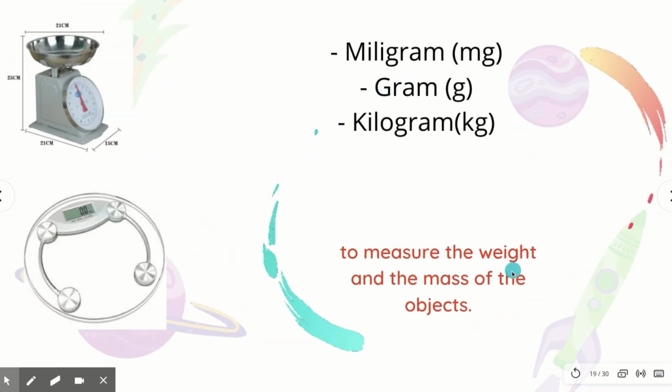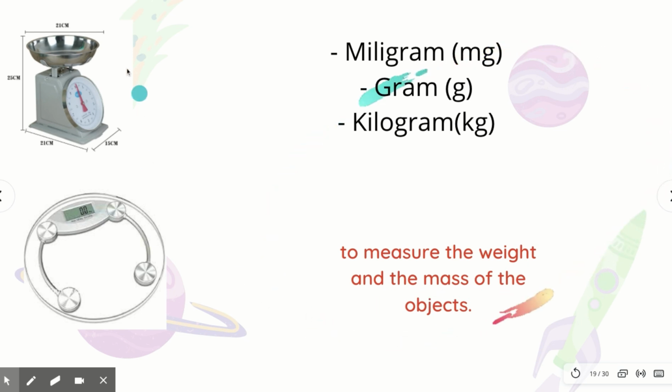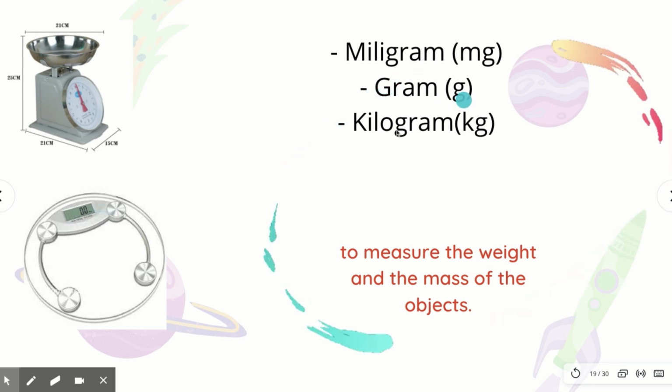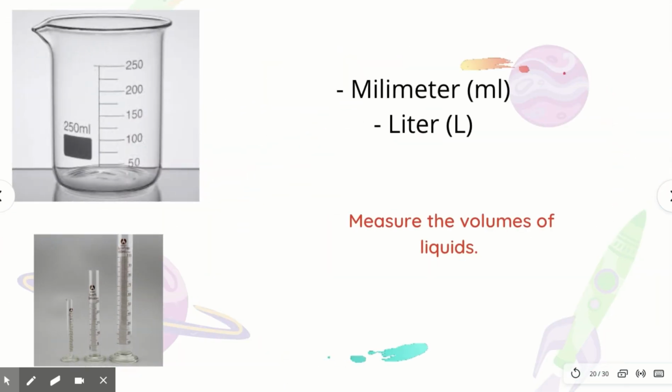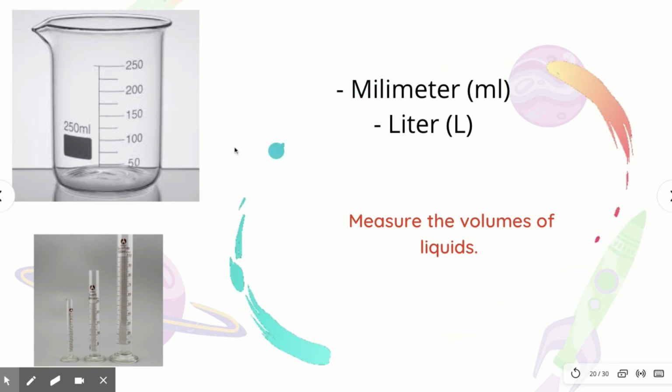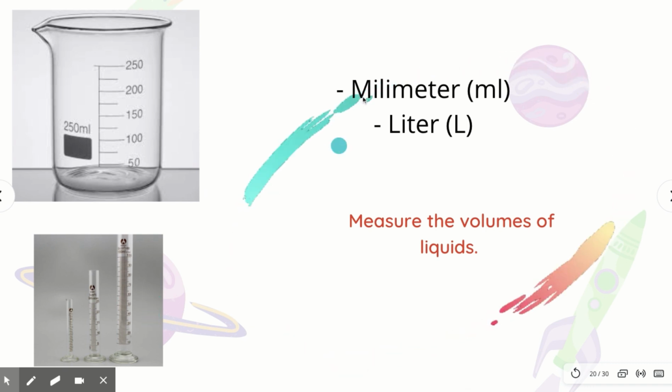To measure the mass of objects, we use milligram, mg, gram, g, and kilogram, kg. To measure the volumes of liquid, for example with the beaker or the cylinder, we use milliliter, ml, or liter, L.